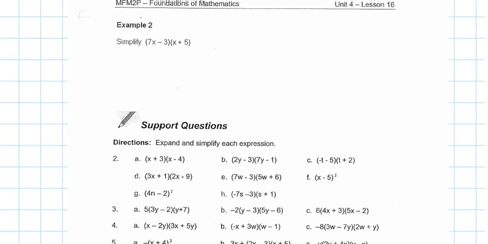I put an arrow between the 7x and the x, and what do I get? 7x squared, because you're multiplying x by x. You guys have to be very careful, otherwise you're going to ruin your whole question. Okay? Then, again, 7x times the 5. So that's going to be 35x. So that's a plus 35x.